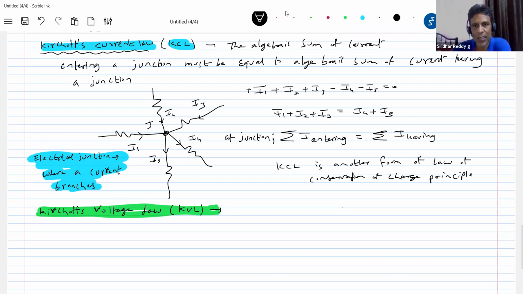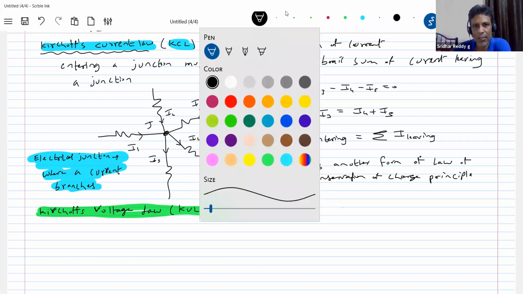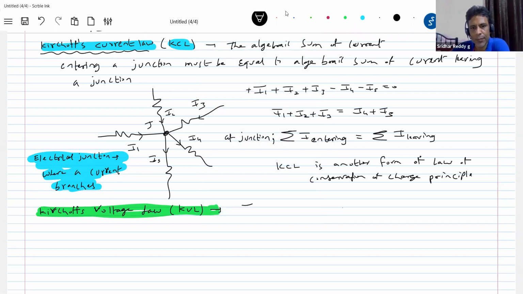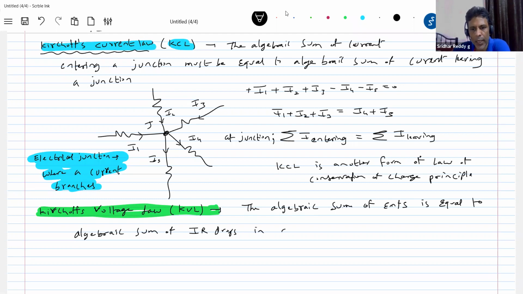What this law says is: the algebraic sum of EMFs is equal to the algebraic sum of IR drops in a mesh or loop or closed path.